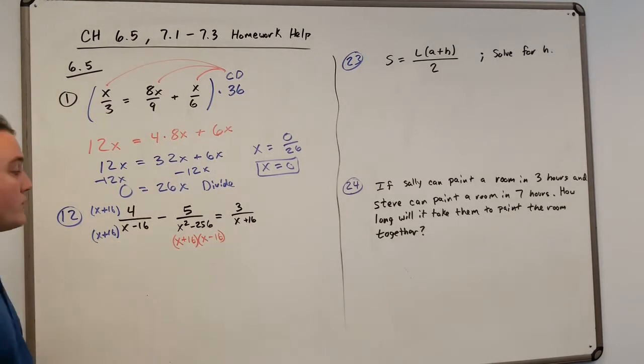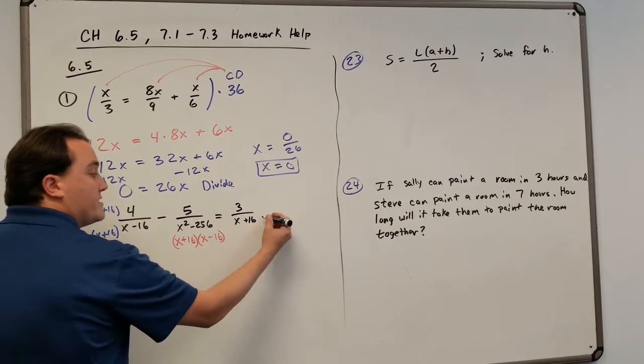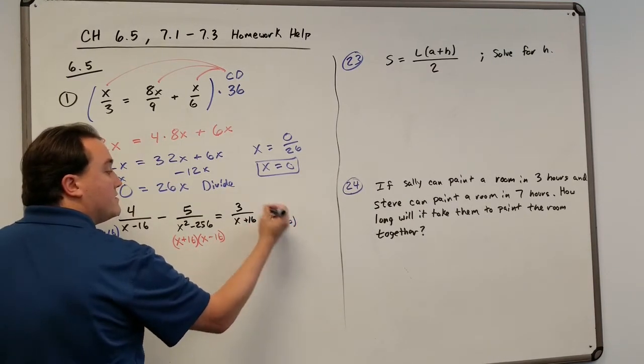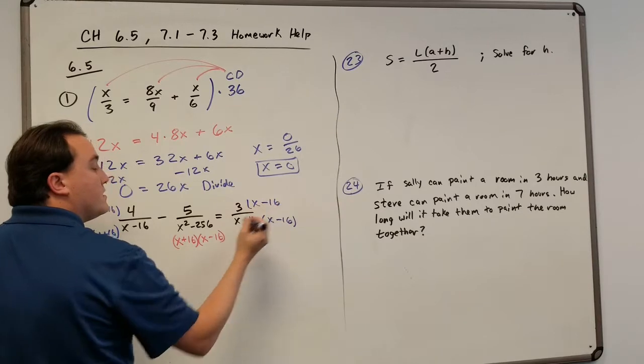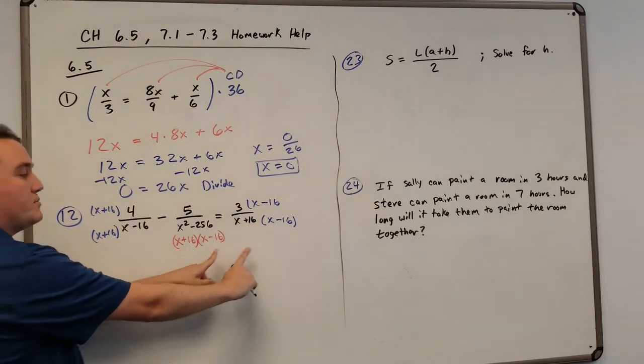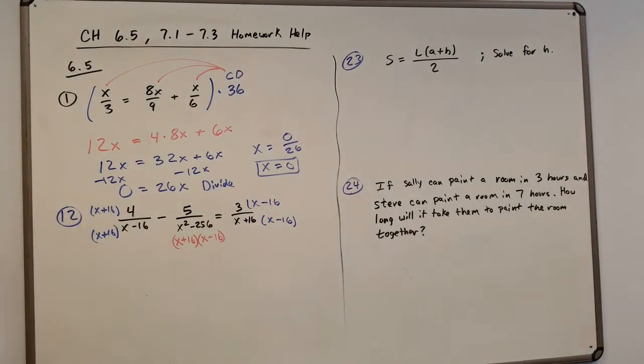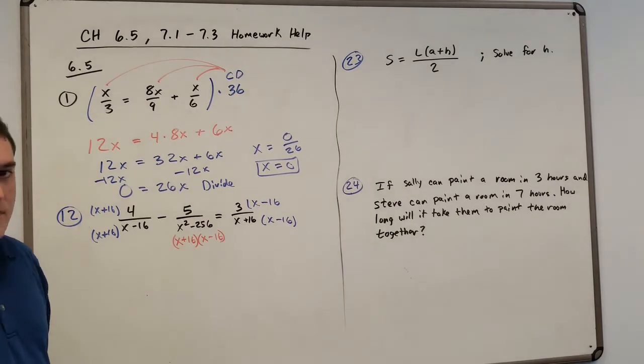We're going to do the same thing over here, but it's x plus 16, so we need x minus 16. Once you have all these denominators to be the same, get rid of them. We don't need to deal with them anymore. You just need to make sure your answer works in the end. So you have to check your answer.